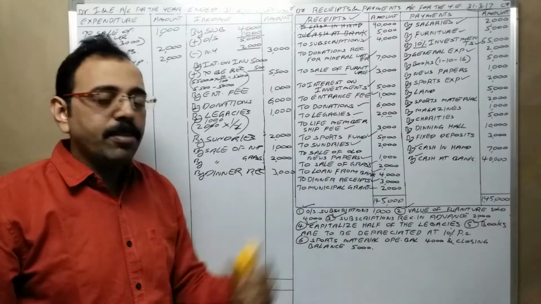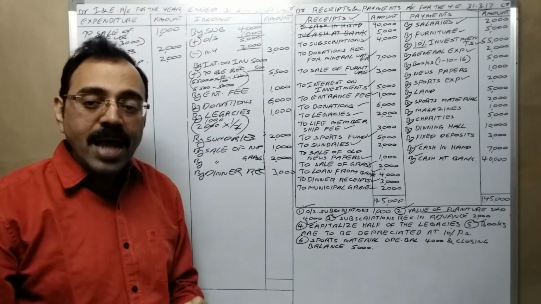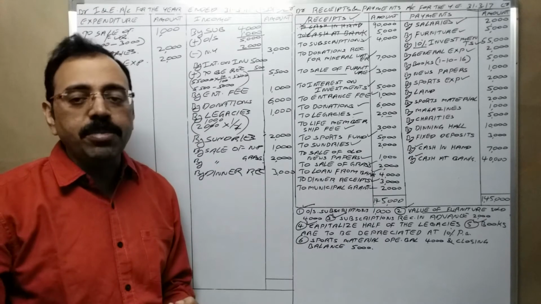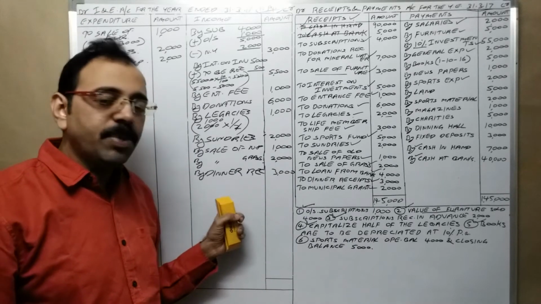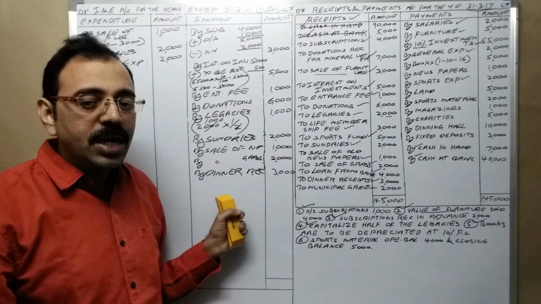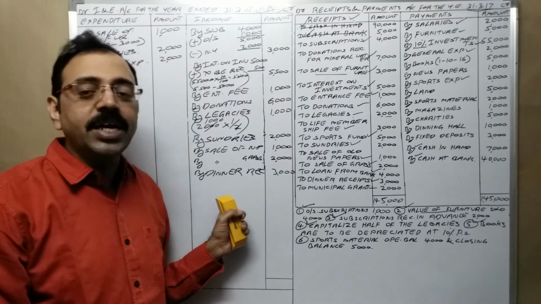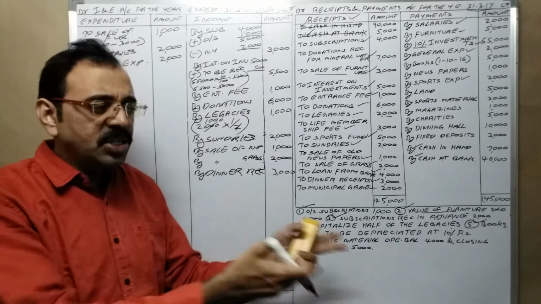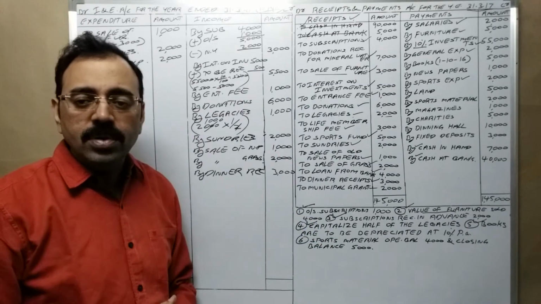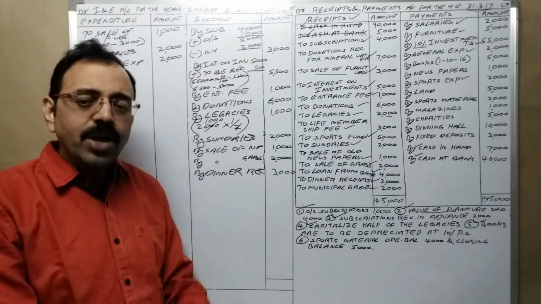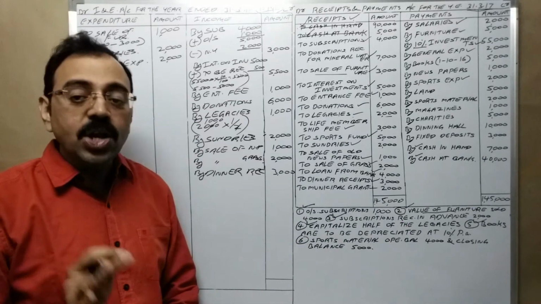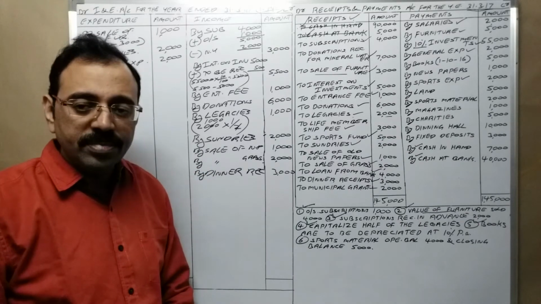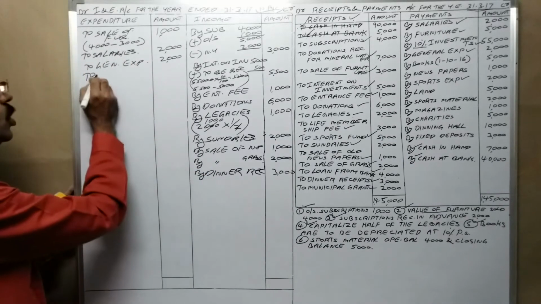In the receipts and payments account, only cash items we take: cash receipts, cash payments. But in the income and expenditure account, cash items and non-cash items also we take. Depreciation: cash is not coming, not going. When the fixed asset value is there, that value is decreased. It is a non-cash item. That also we should take here. Clear?